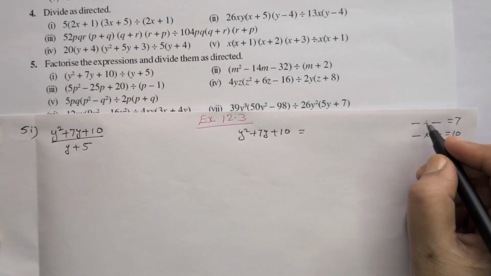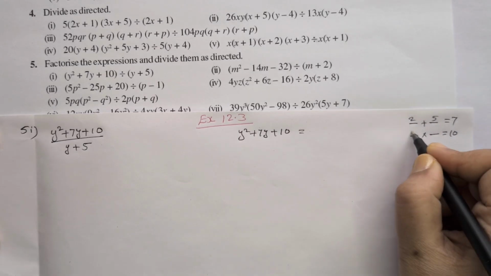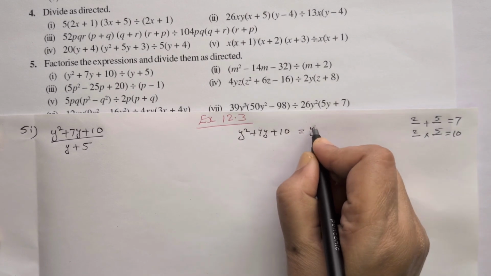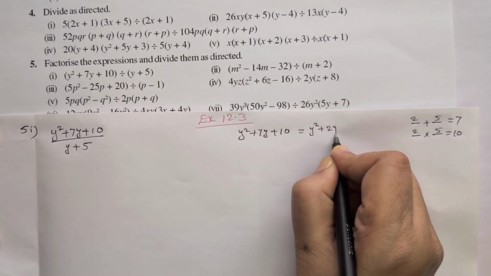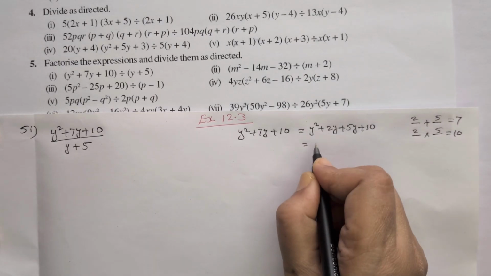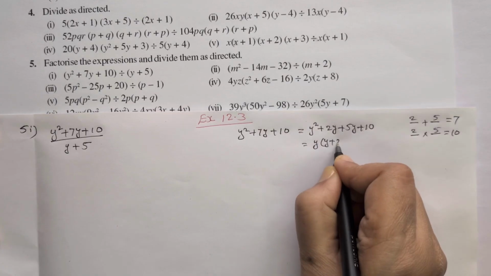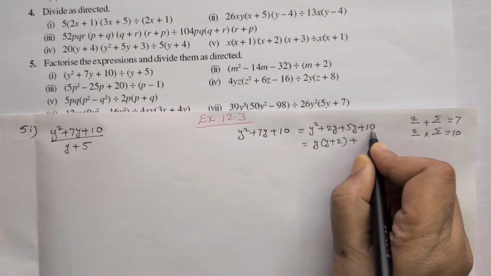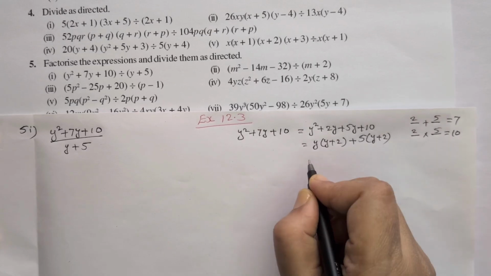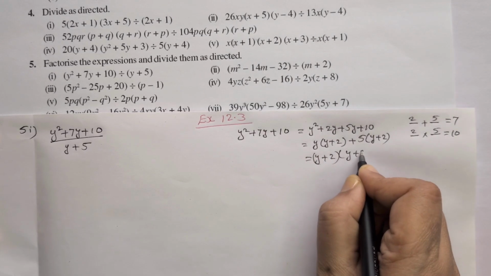So 5 and 2. 2 plus 5 is 7, 2 into 5 is 10. So we can split this term as y square plus 2y plus 5y plus 10, which means y we can take as common, y plus 2 from here, and from the next two terms 5 we take as common, then y plus 2. That is equal to y plus 2 into y plus 5.